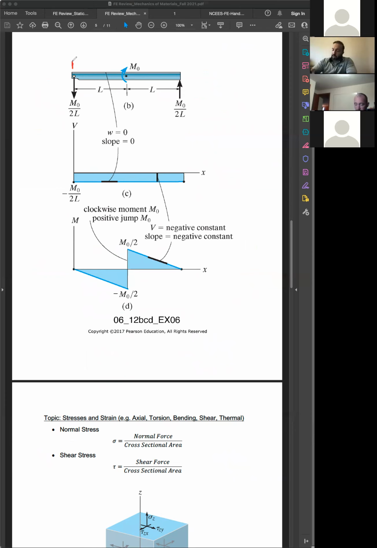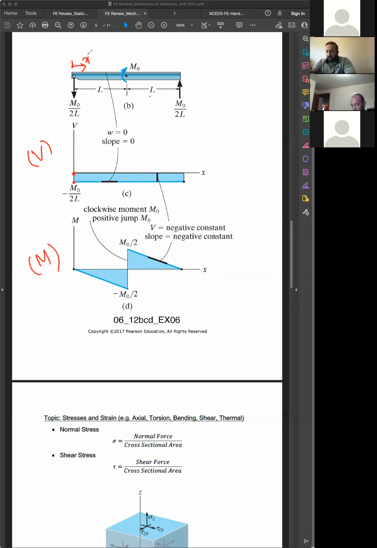I'm starting from left to right. So this is the reaction, and this is a reaction. It is already calculated. We have this configuration. For the shear diagram, draw here. For the moment diagram, we are drawing here. So start from left to right.